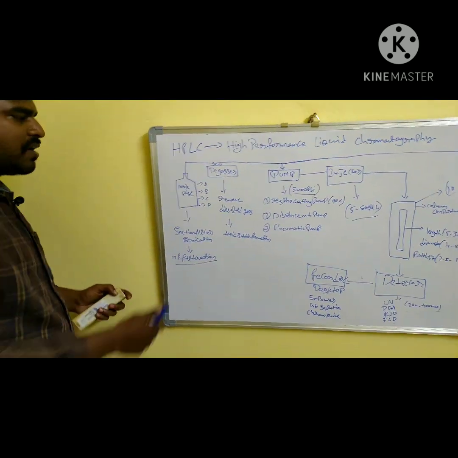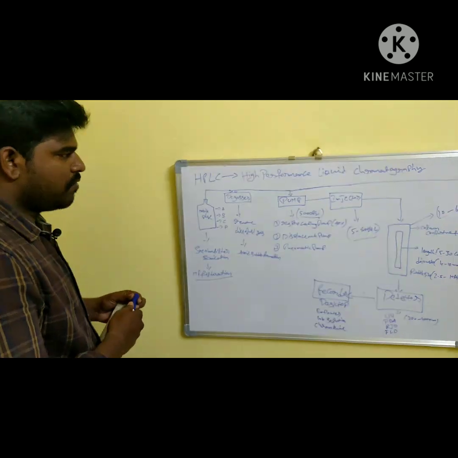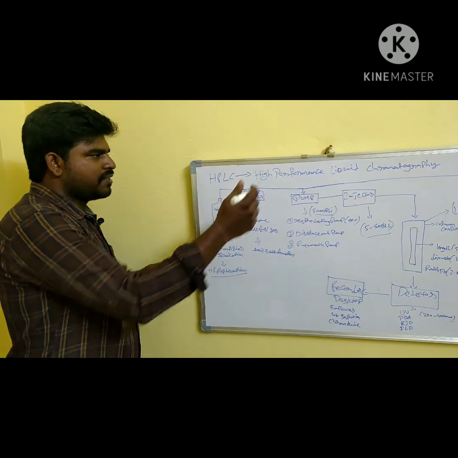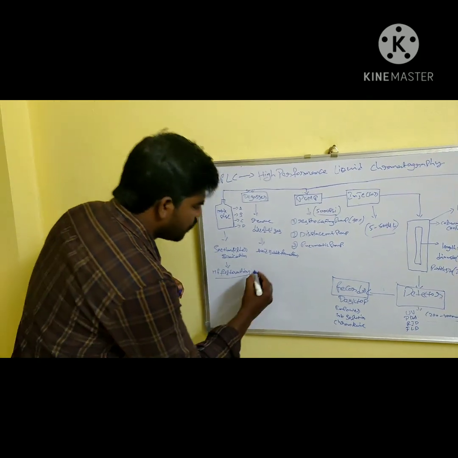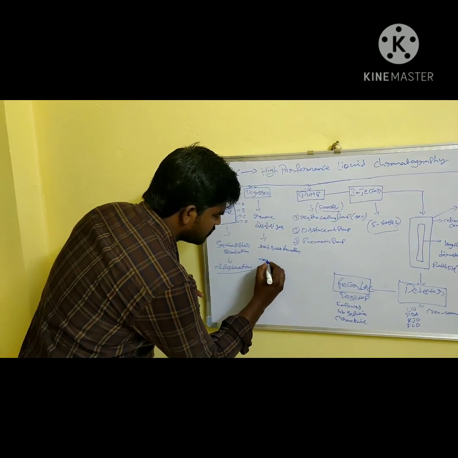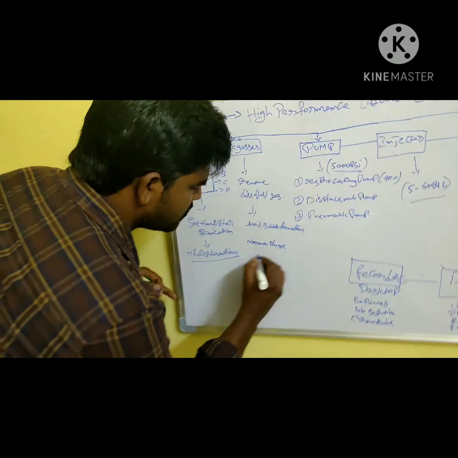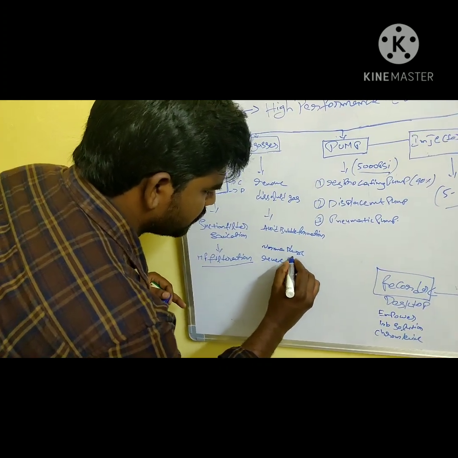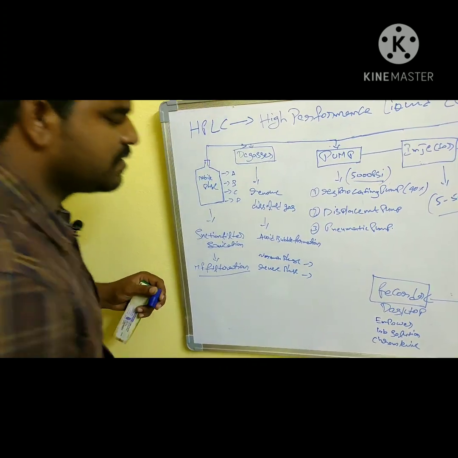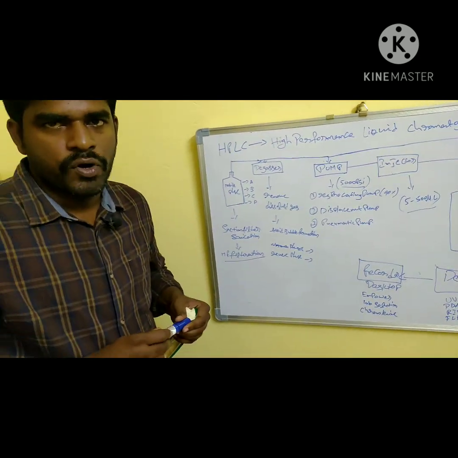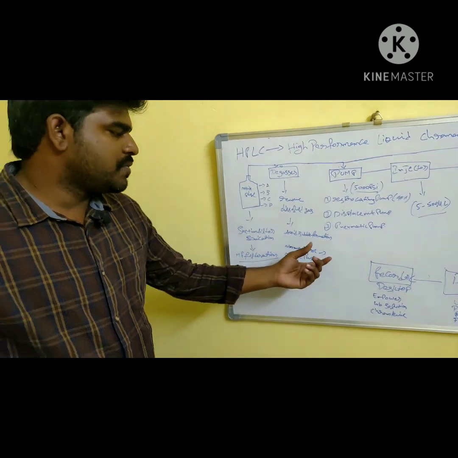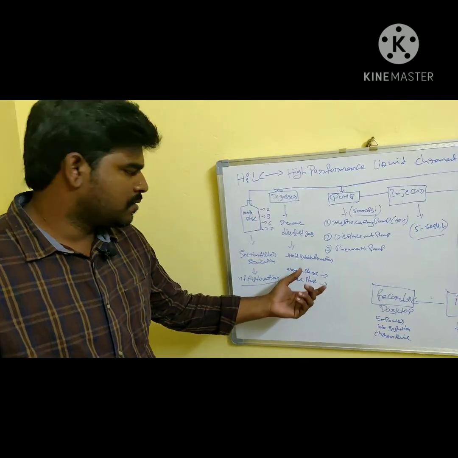So first of all, we come to the mobile phase. While operating the HPLC, there are two types of methods commonly used. One is normal phase and the second one is reverse phase. Normal phase means your mobile phase is non-polar and the column stationary phase is polar.